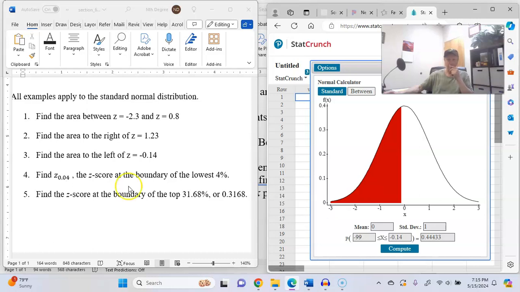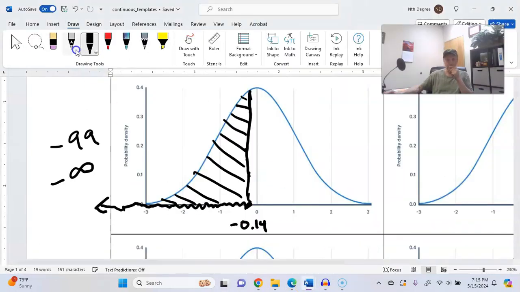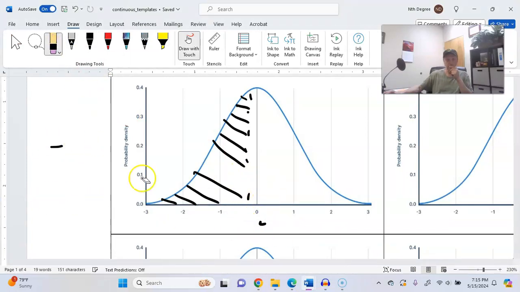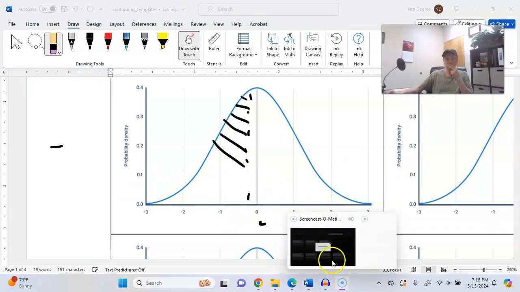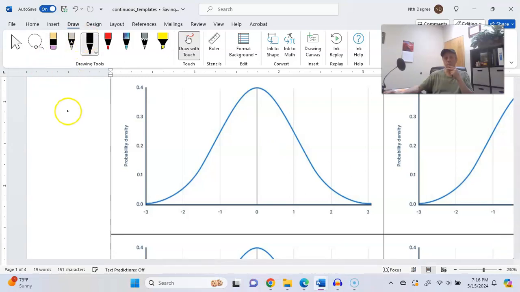So how would we draw that? Boy, things are getting tricky here. We want the z-score that cuts off the lowest 4%, the bottom 4% on this distribution.